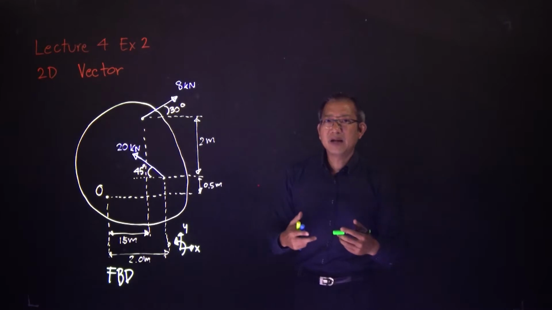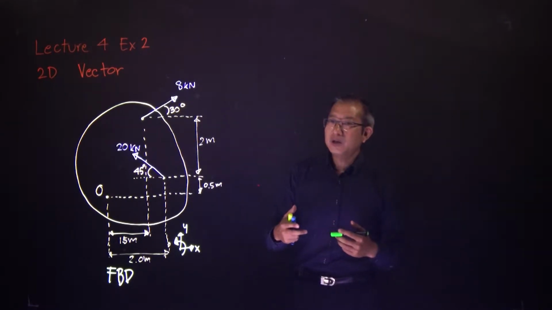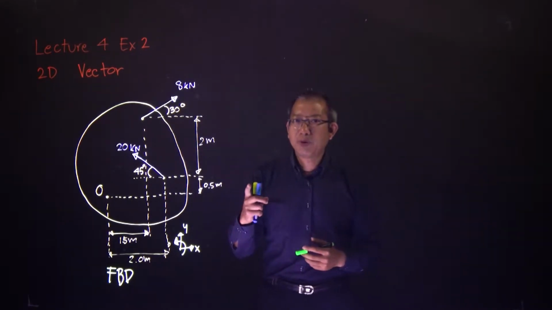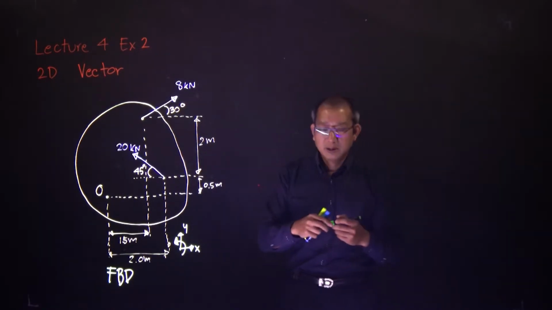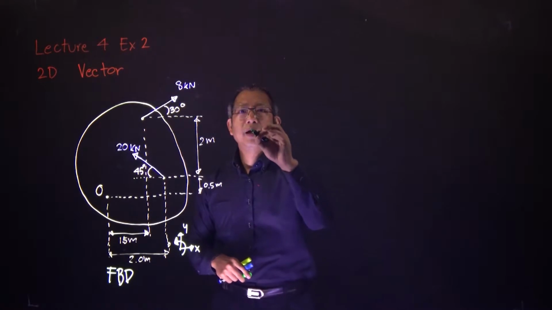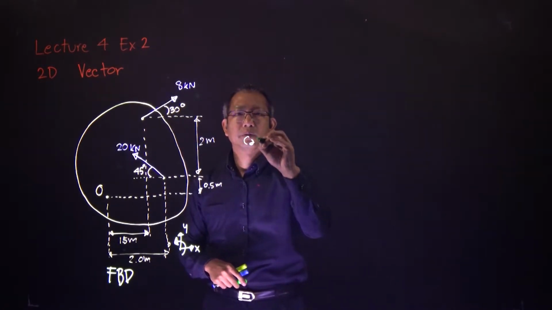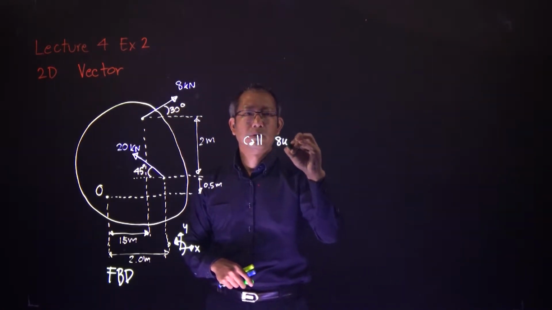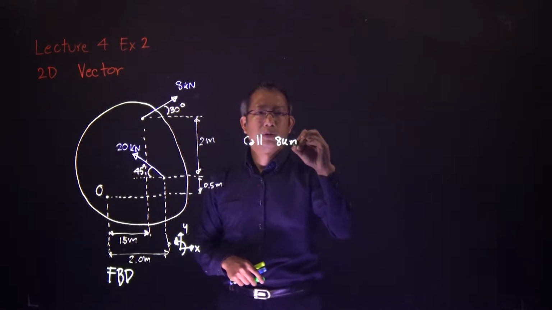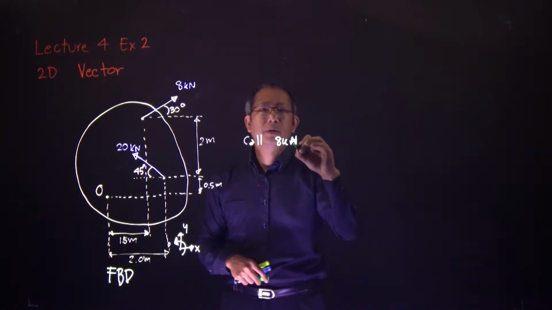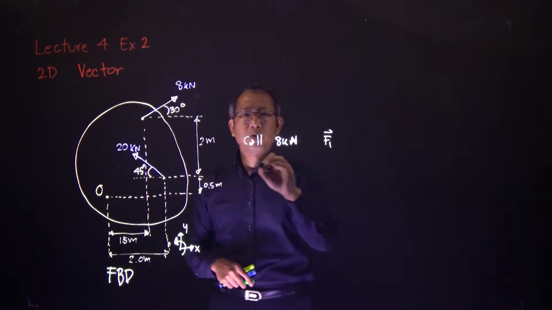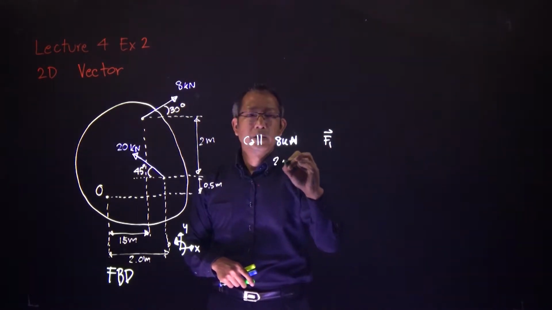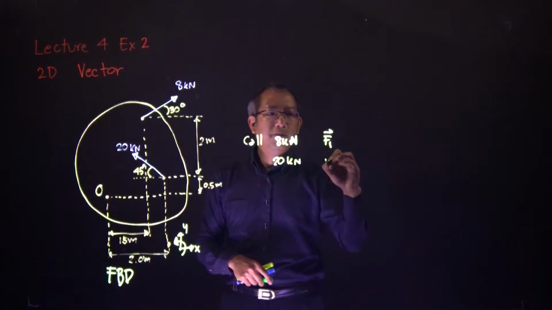Now, since we set up the first rule, let's notice this is important, the definition. We need to put this in vector form. So, I will call the 8 kilonewton F1, and I will call the 20 kilonewton F2.